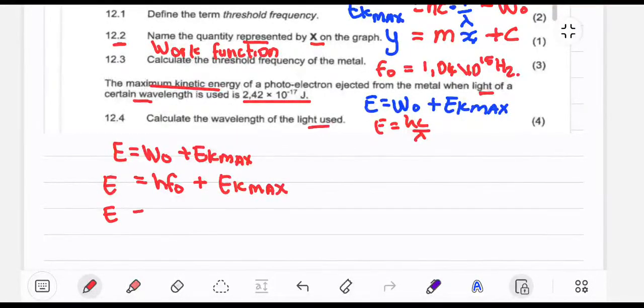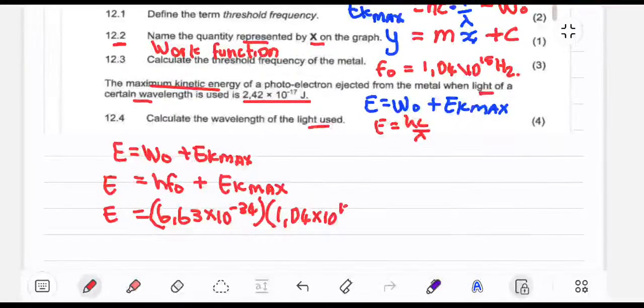Then E would be equal to 6.63 times 10 to the power of negative 34, and f naught is 1.04 times 10 to the 15, plus your EK max, which is 2.42 times 10 to the negative 7.